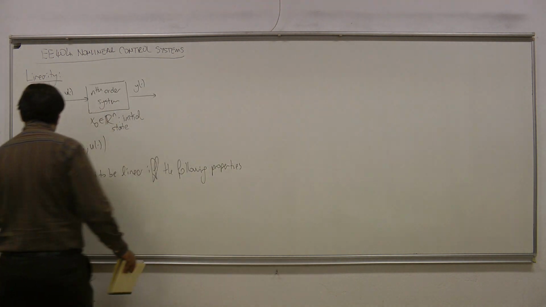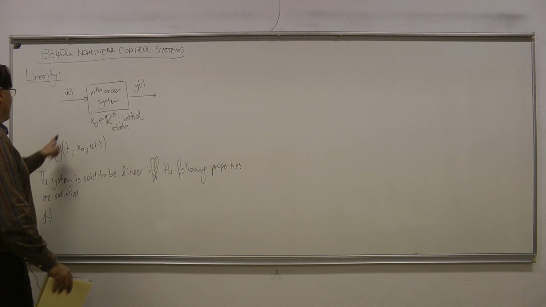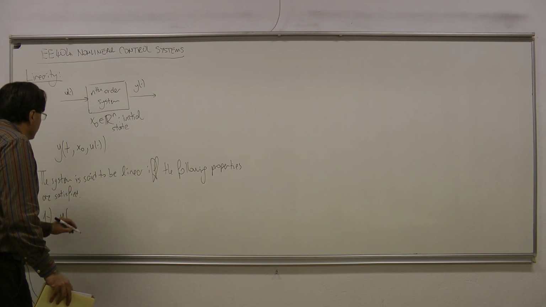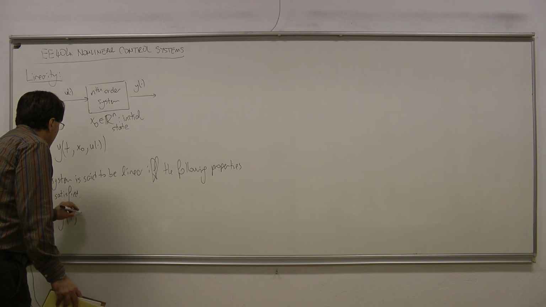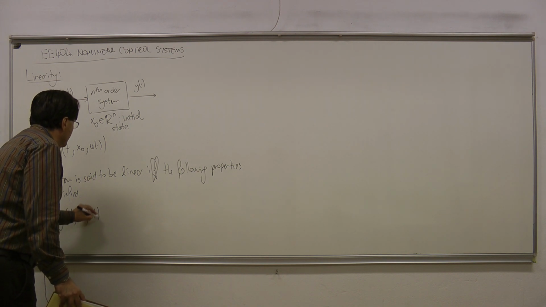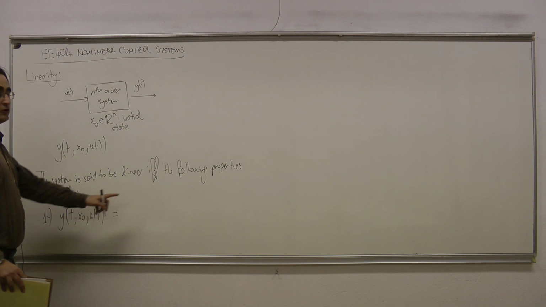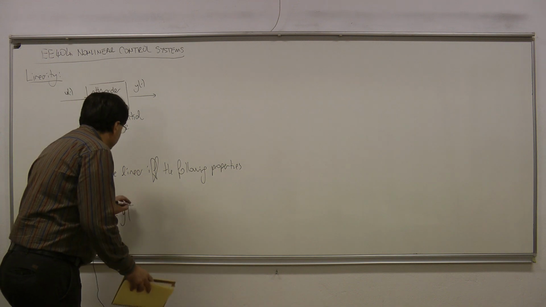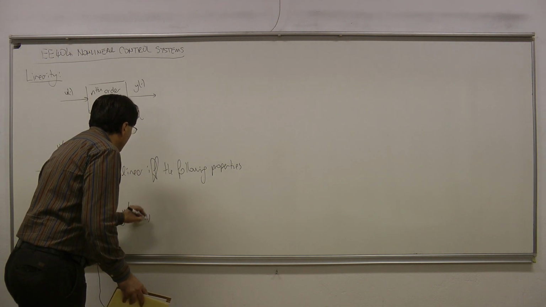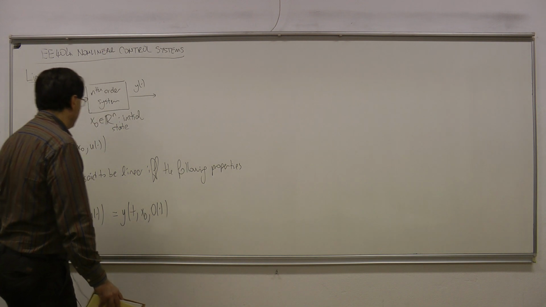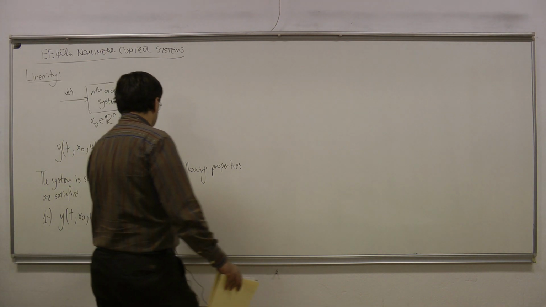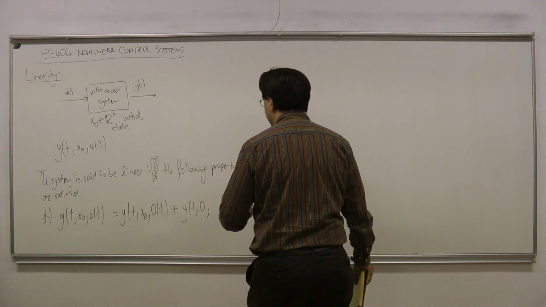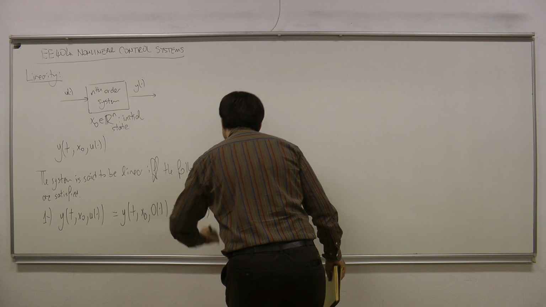Let us write the first property. I will write the properties in terms of this generic output here. So y of t, x0 and u, can be decomposed into two functions. So this is going to be y of t, x0 and the zero function, plus the function y of t, with zero initial condition and the effect of the input here.